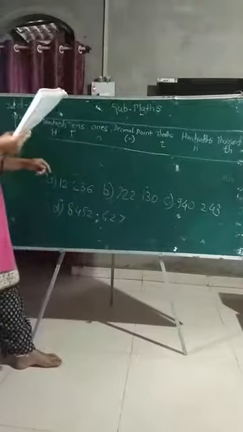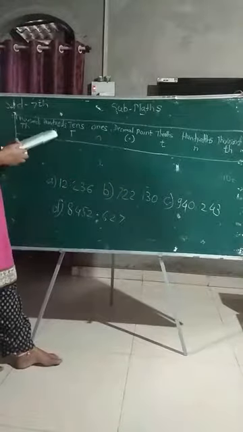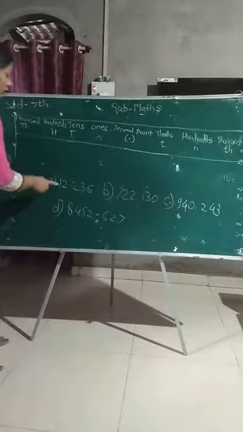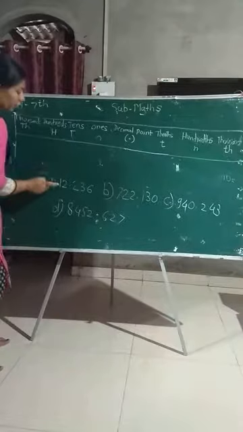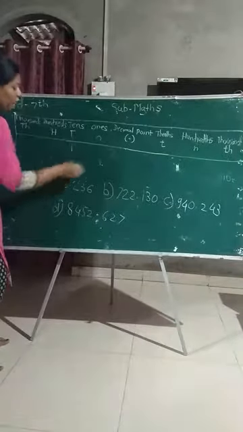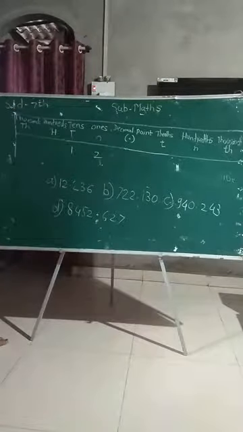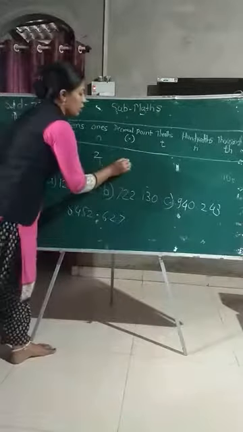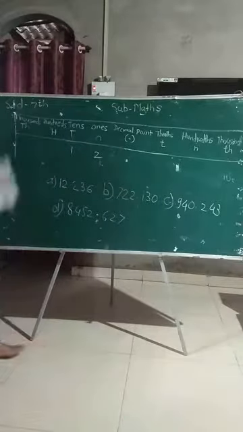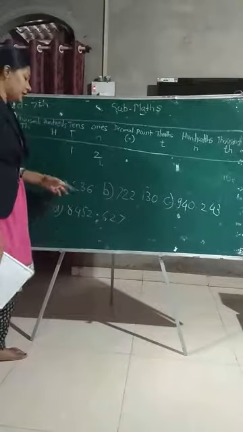So, here we write solution for example A. 1 in tens place and 2 in ones place. So, we write here 1, 2. Give here decimal point. Now, after decimal point, there are 3 digits.